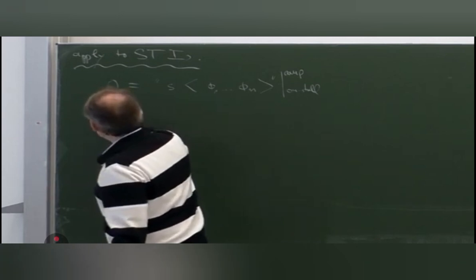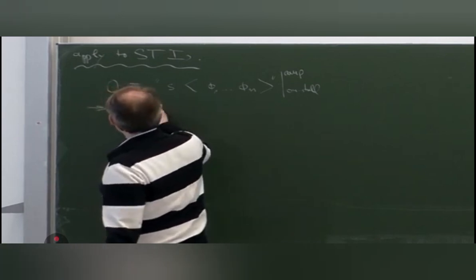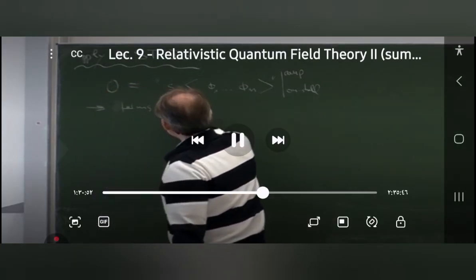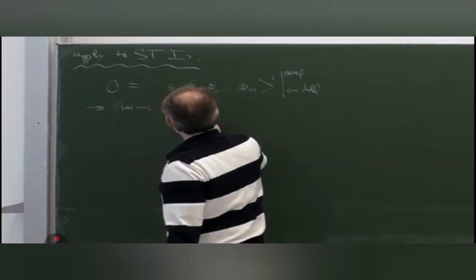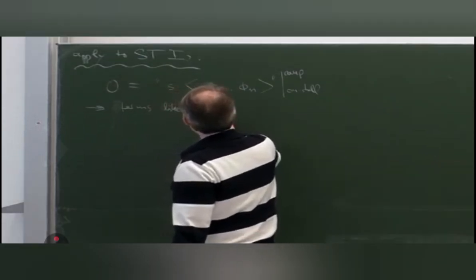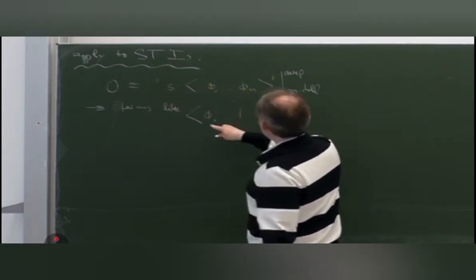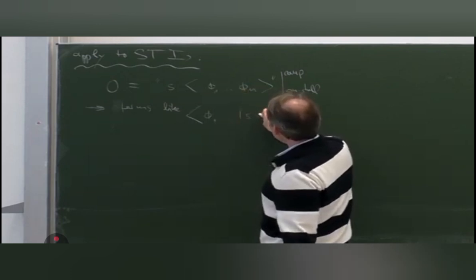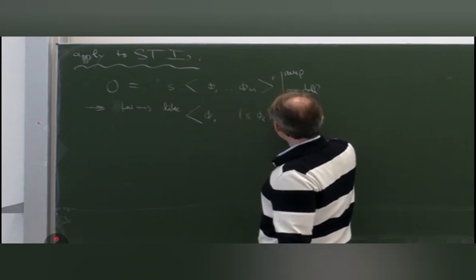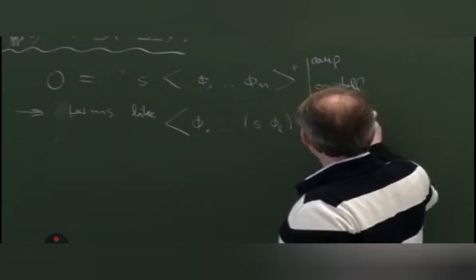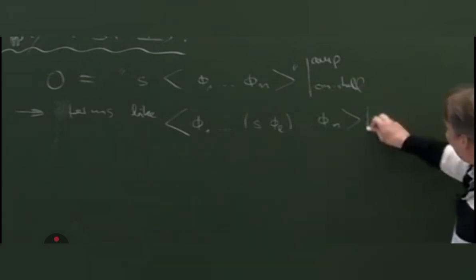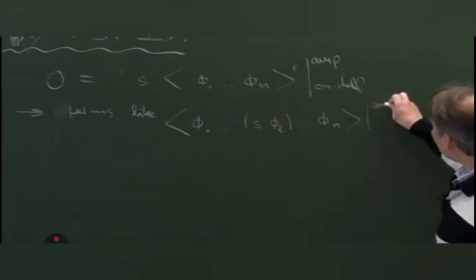So how do the resulting terms look like? One term would, for example, be phi 1, and then here there is one BRS transformation of one of the field operators in the middle, and we go on shell and amputate.